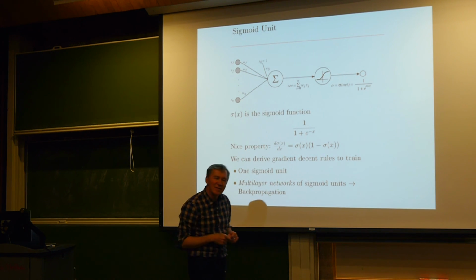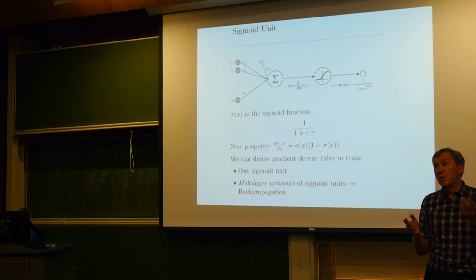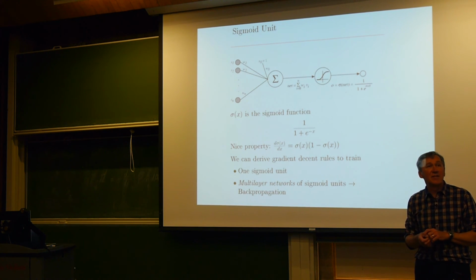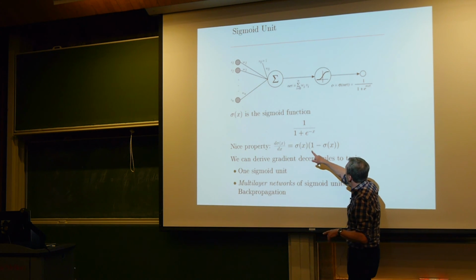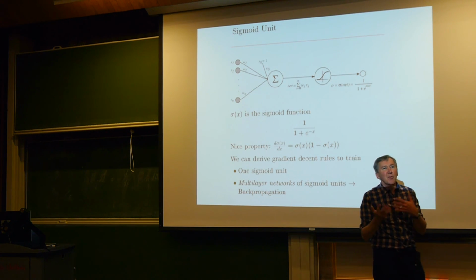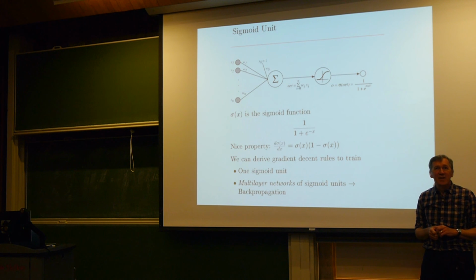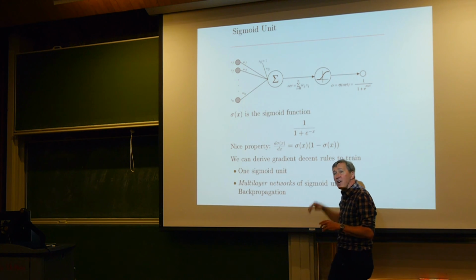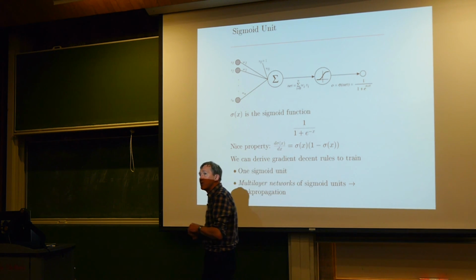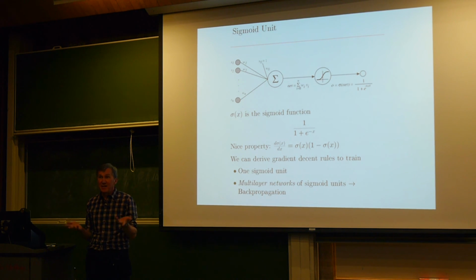Before, we talked about gradient descent for linear regression, and you remember it was pretty easy to derive the gradient for linear functions. Here we're taking a sigmoid of a linear function, and by the chain rule it turns out it's very easy to get derivatives for this too. So this is a nonlinear function for which we can still very easily calculate gradients. That makes it nice to train.